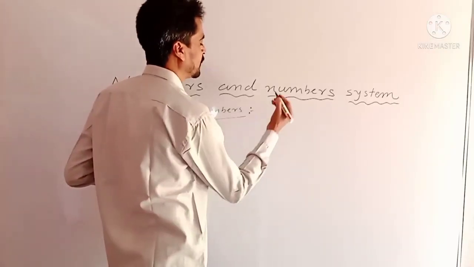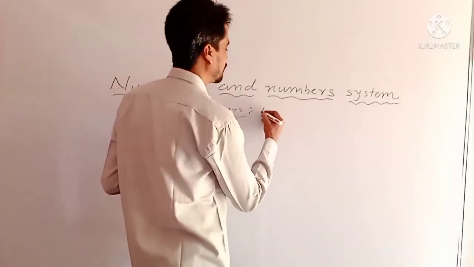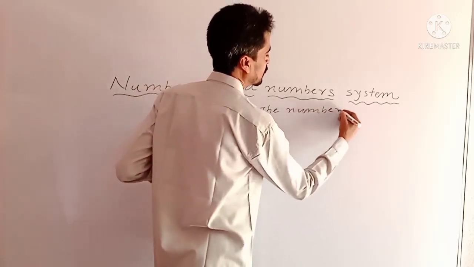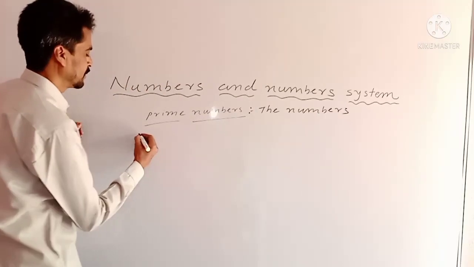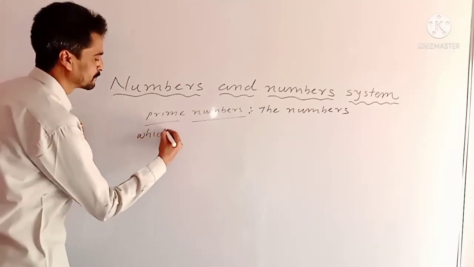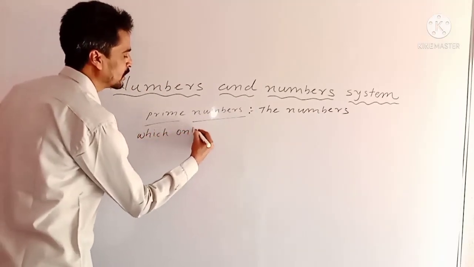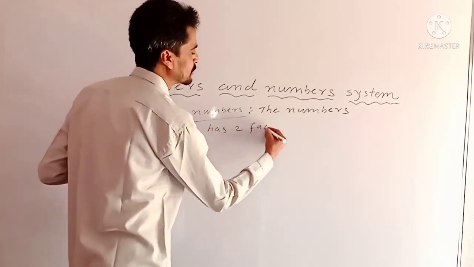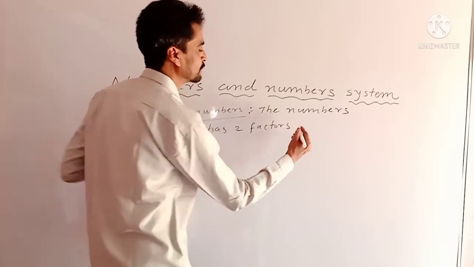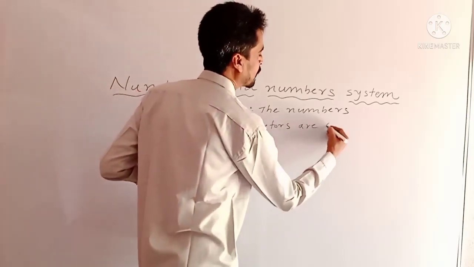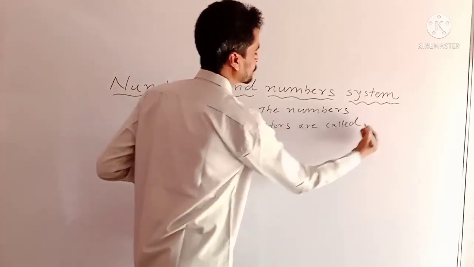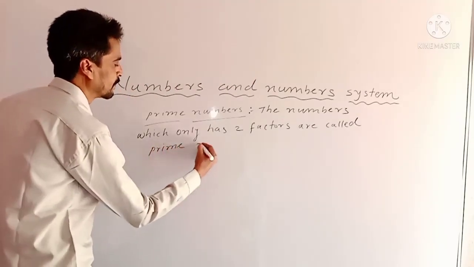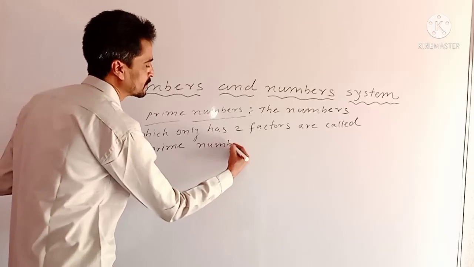So when we define the prime number, the numbers which only have 2 factors are called prime numbers.